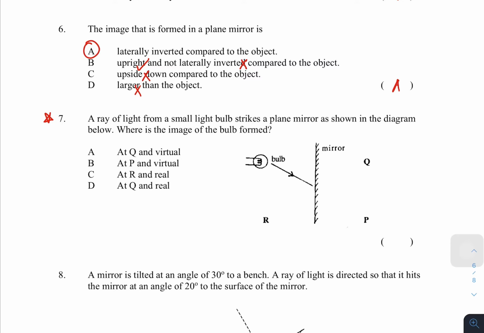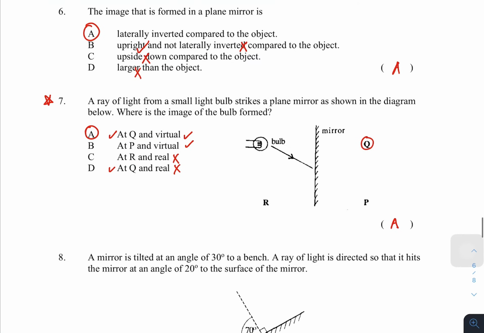So the image should be at position Q, and it is a virtual image. So the answer is A. The light bulb would be here, and the image of the light bulb would be here, at position Q.